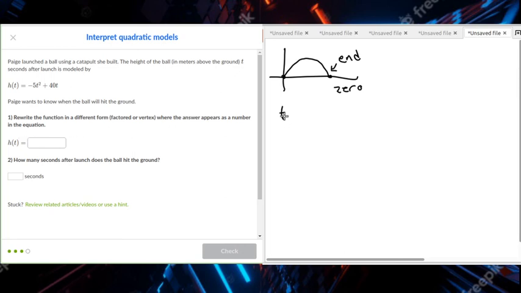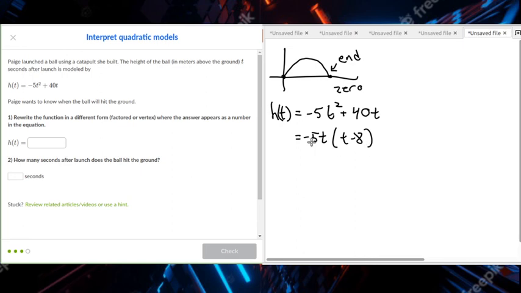So I've got h of t is equal to negative 5 t squared plus 40t. Now I think I can factor out a negative 5t here, and I can get t minus 8.